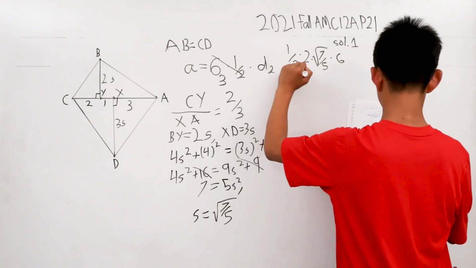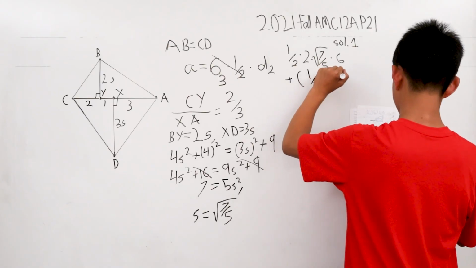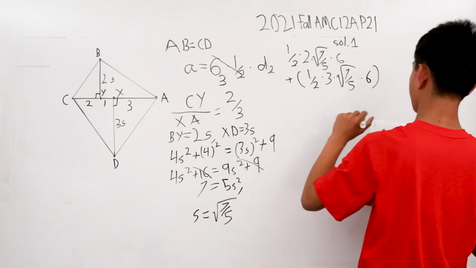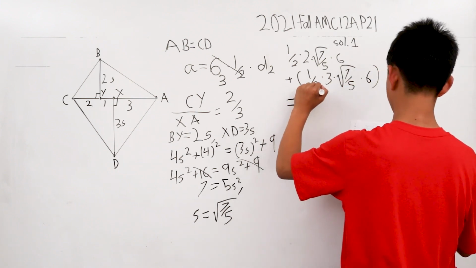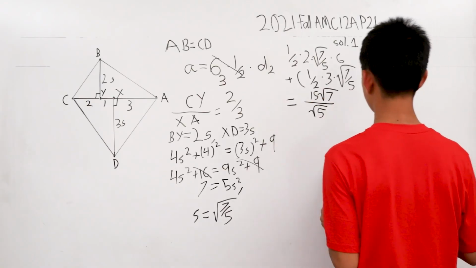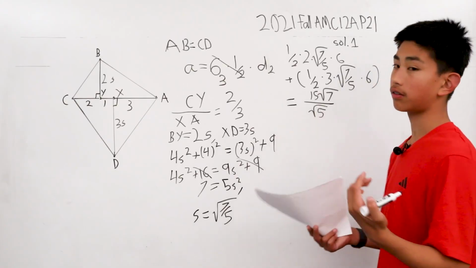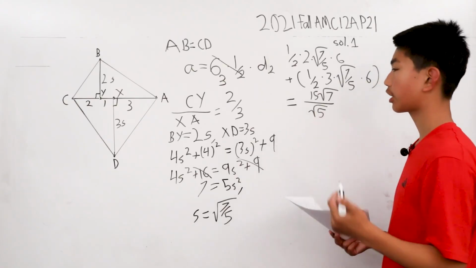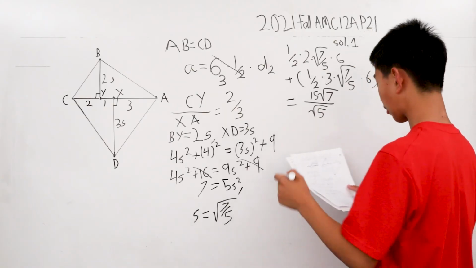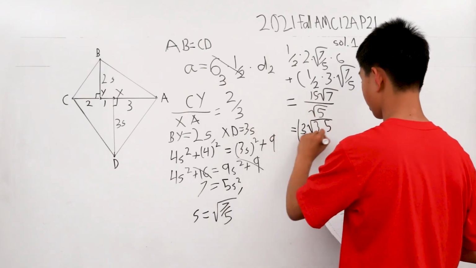Then you have to add the other diagonal, or 1/2 times 3 times square root of 7/5 times 6, which is going to be equal to 15 root 7 over root 5. Now, since the answer doesn't have an irrational on the bottom of the fraction, you simply multiply by square root of 5 over square root of 5 to get our answer of 3 root 35 for this first solution of our problem.